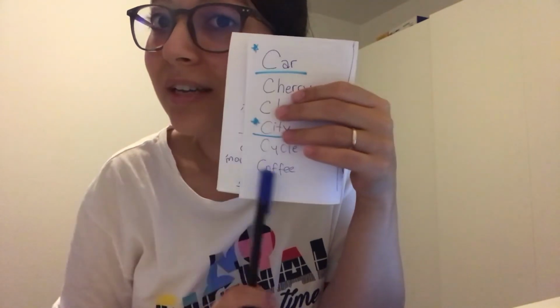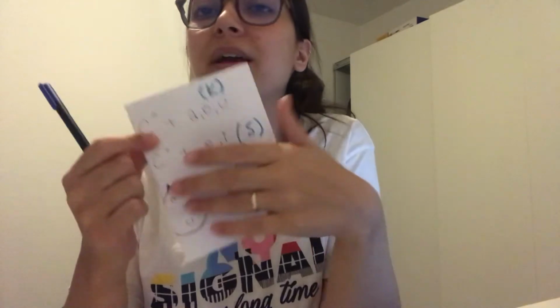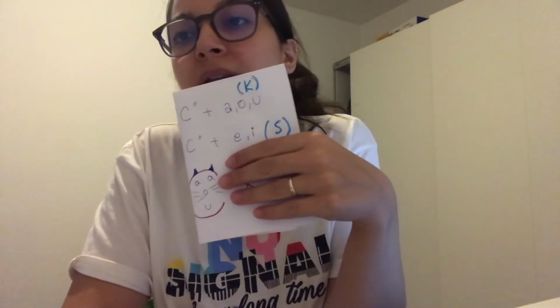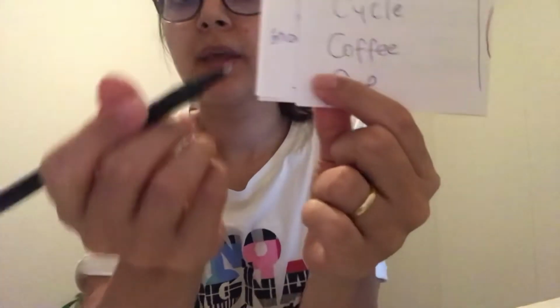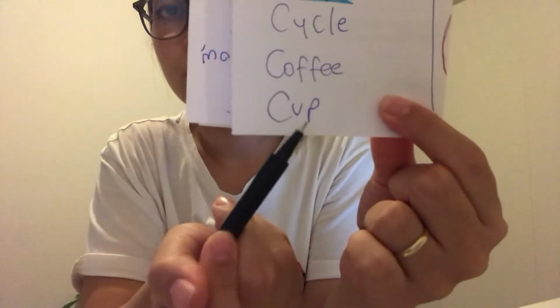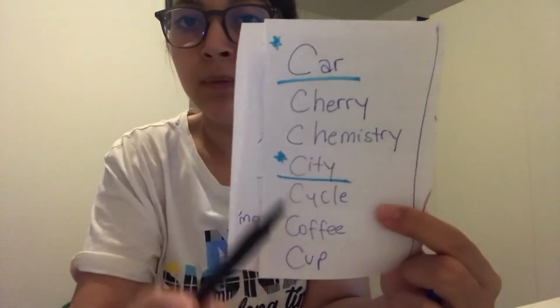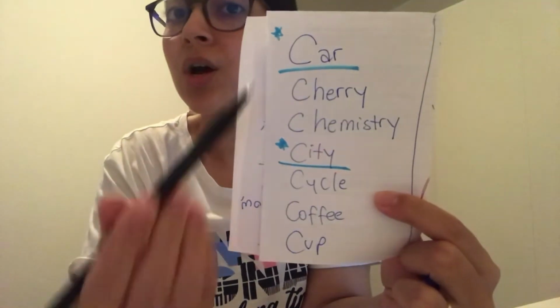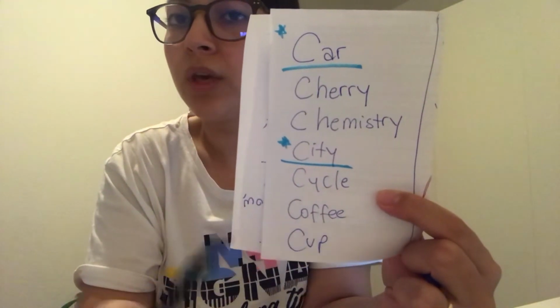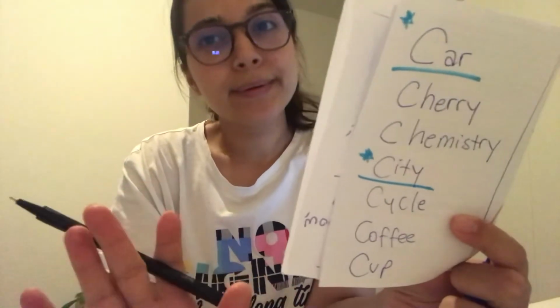It is car and coffee. And of course, with what do I drink my coffee? With a cup, right? Let me write that right here. Cup, the letter U. When we have the letters A, O, and U, it is K. Car, coffee, cup.